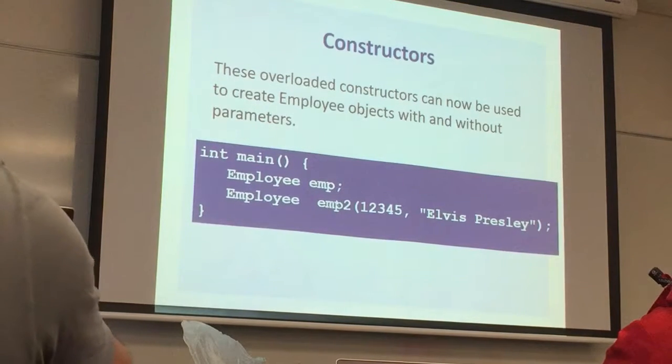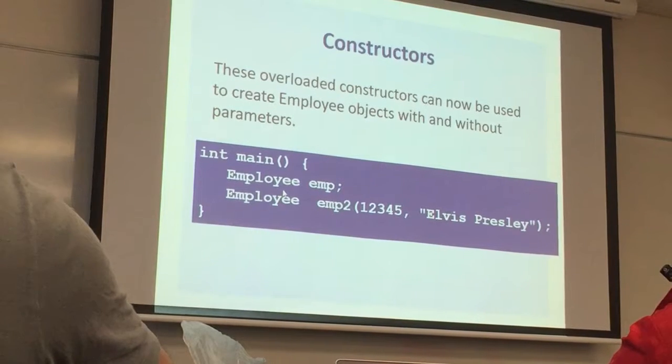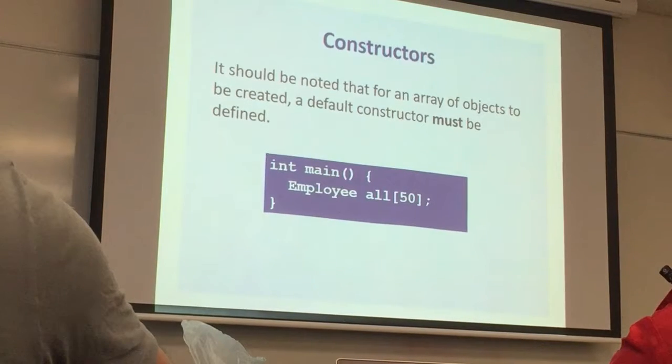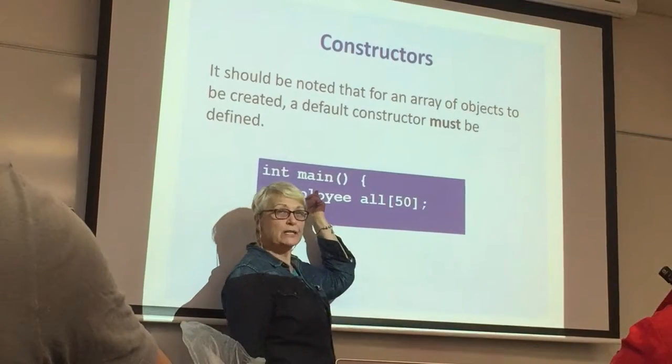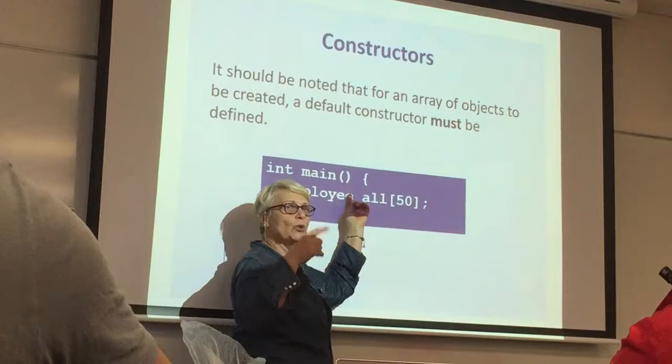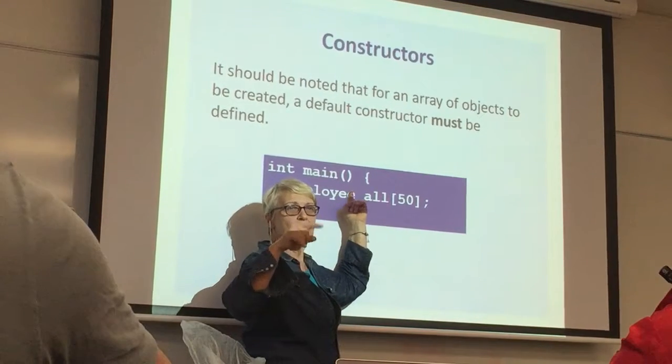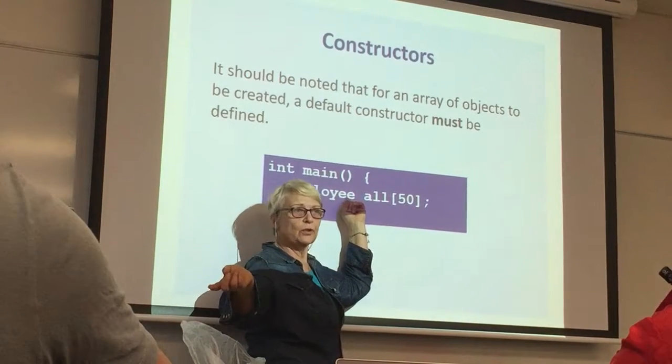You can also say you have a function like emp2 that takes 2 arguments and returns the employee value. But this is most unusual to have like that. So if someone uses an array of employees like this, remember I told you that in C++ array elements are initialized to default values.